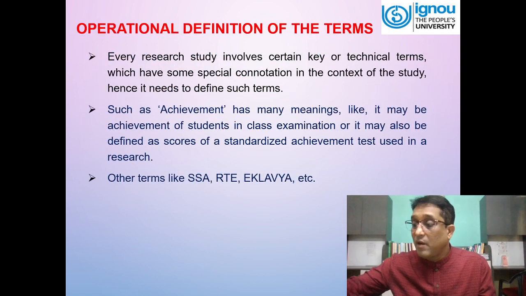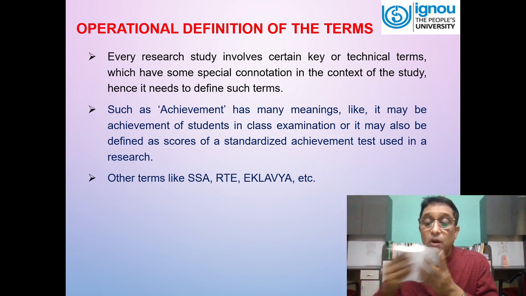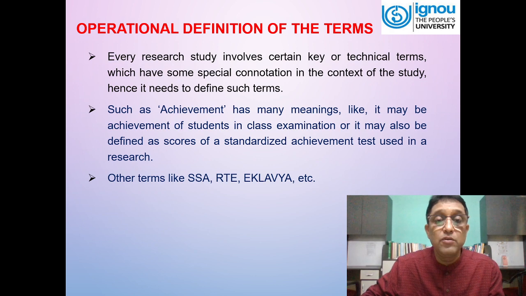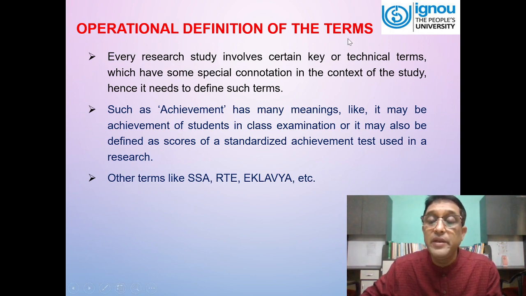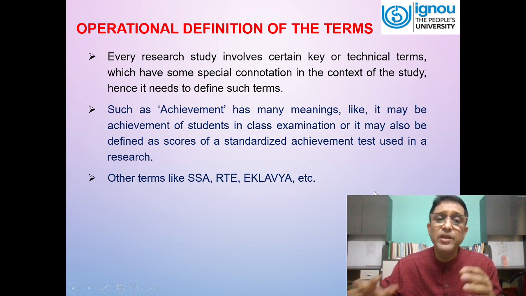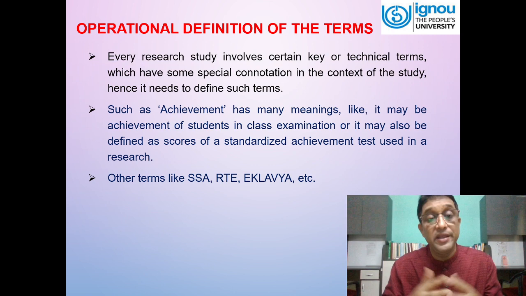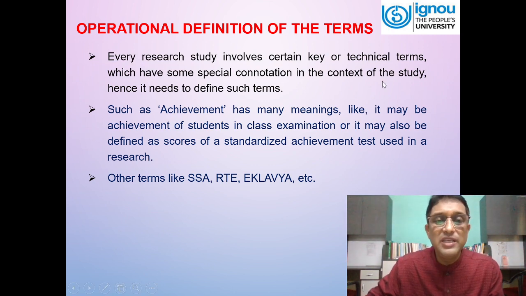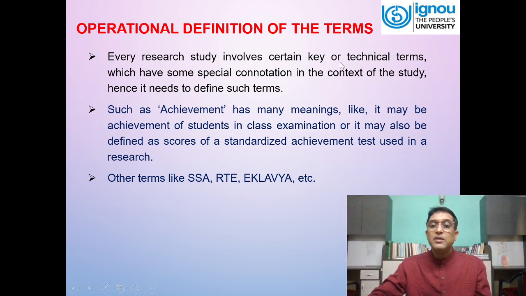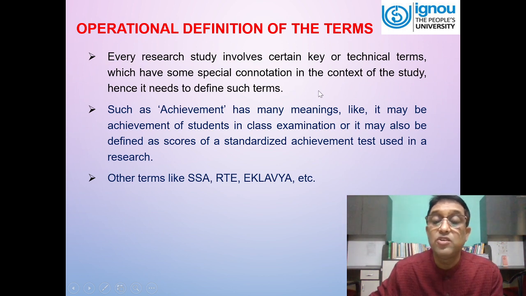Next, the second concept of today's discussion, that is operational definition of the terms. How can you define the terms, define the new words and terminologies in the research title operationally? Okay, so here you see every research involves certain key or technical terms which have some special connotation in the context of the study, hence it needs to define such terms.